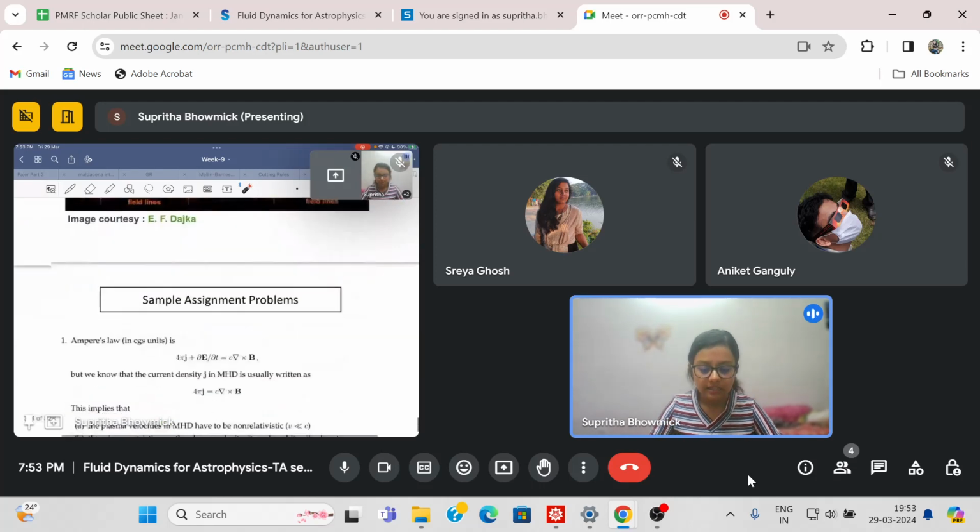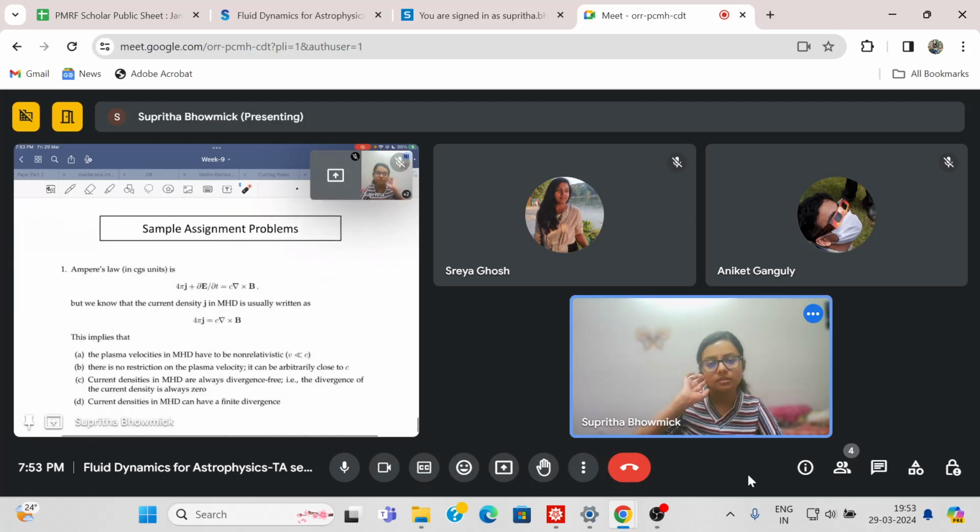Shall I then move on to the sample assignment problems. Ampere's law is given, and it's told to you that popularly the current density in MHD is written as this. What does this imply?